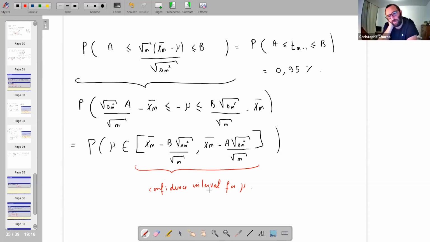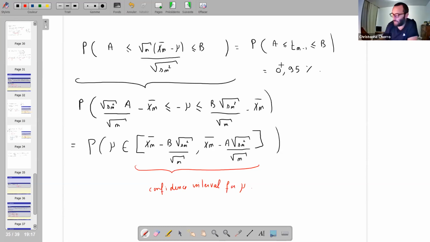Here, it only depends on the observations, the xi and the number of observations small n, and a and b can be obtained from the distribution function of the Student t of parameter n minus 1. Okay, so I have an answer for the mean this way, and for the variance through the chi-square distribution, where I am able to build confidence intervals in the case of Gaussian samples.